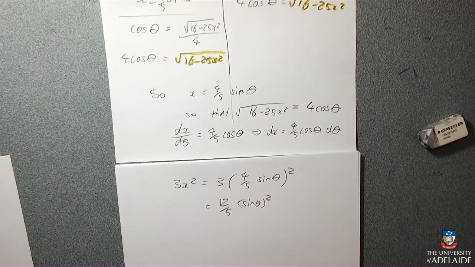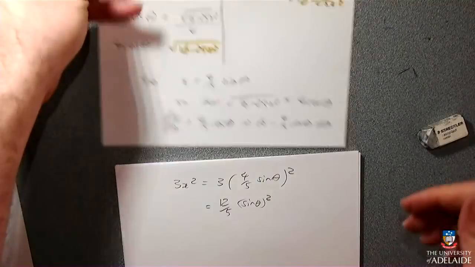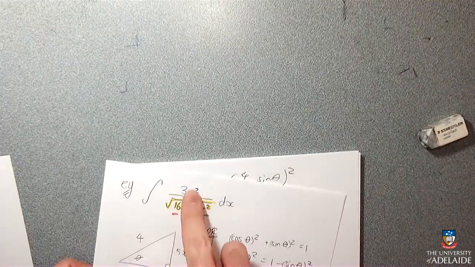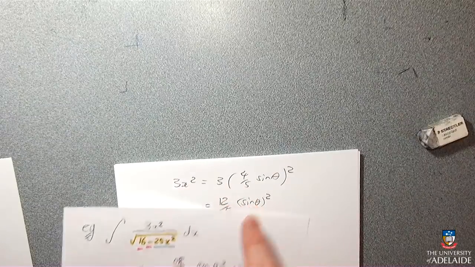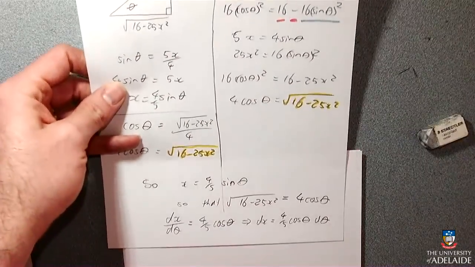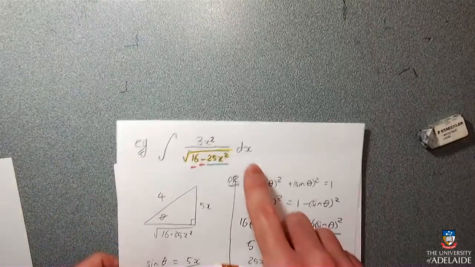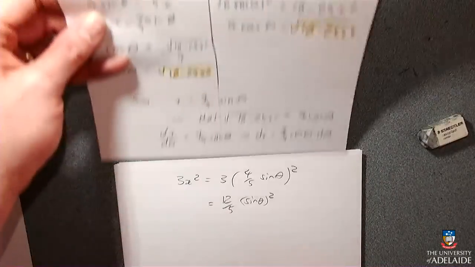Cool. So I think we have now found each piece of our integral has an answer to go with it in terms of theta. Let's just check. We've got our 3x squared, that's here. We have our big root, that's here. And we have our dx, that's here. Yeah, we have everything.